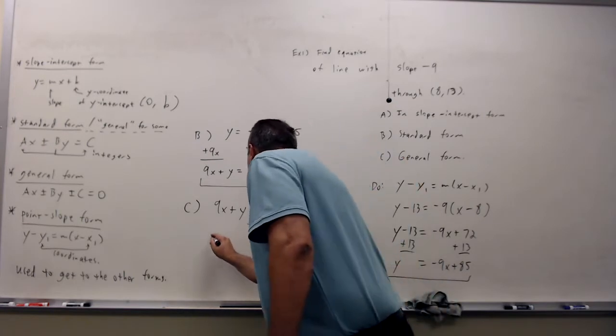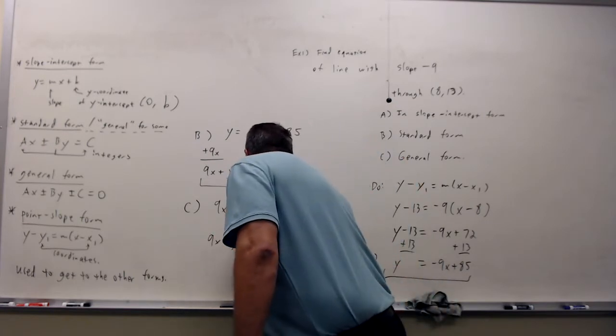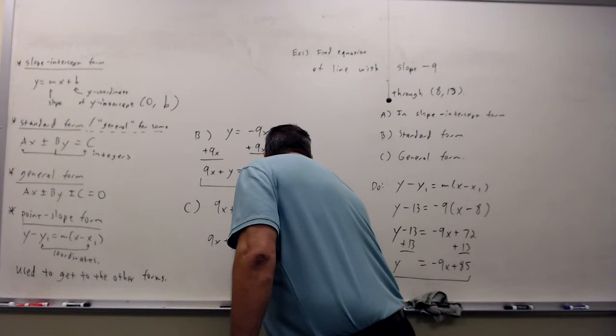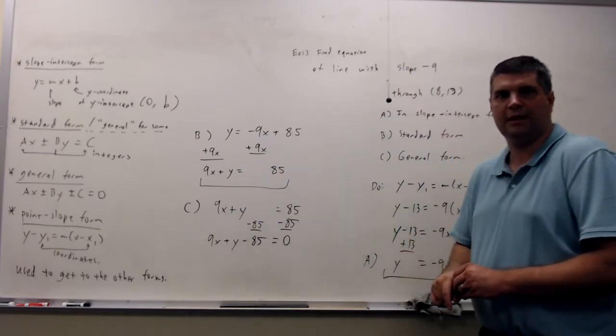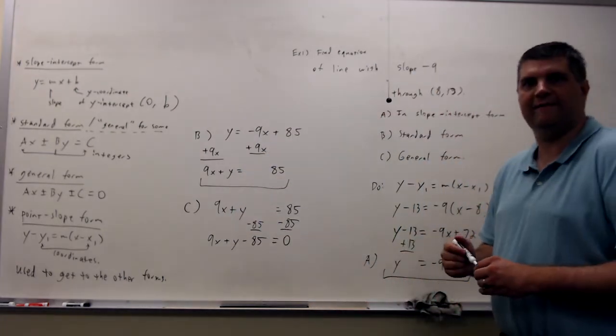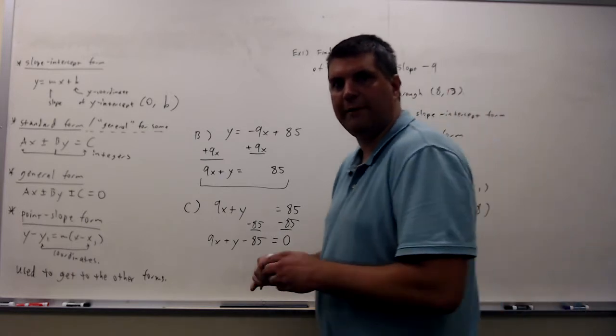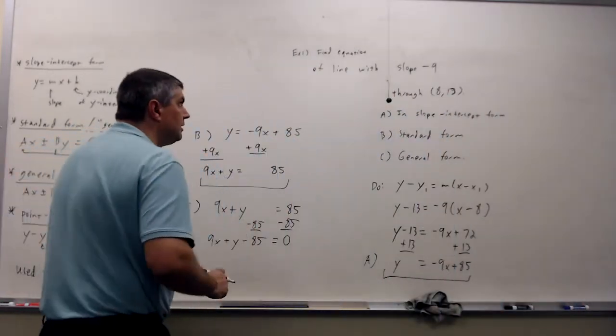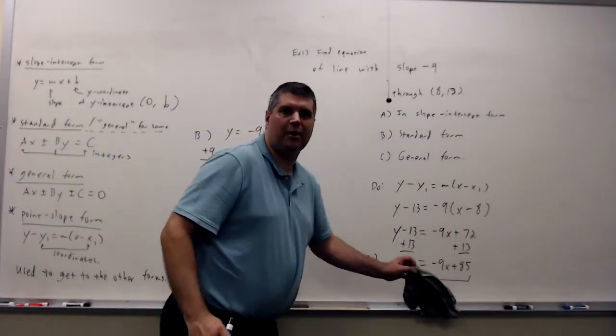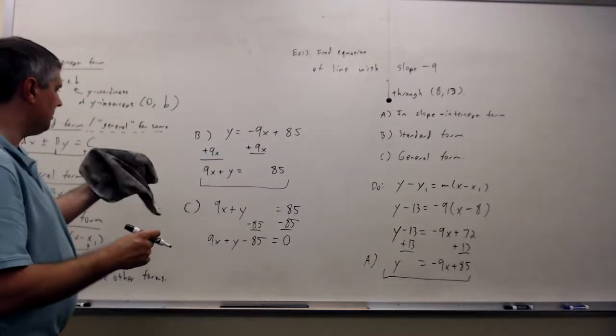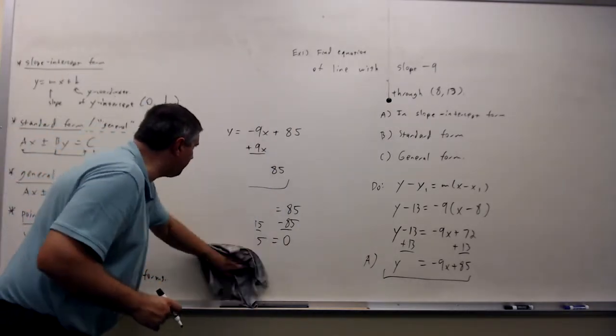So now I have 9x plus y minus 85 equals 0. And that's C, finished. And that's the premise of what you would be doing. So let me go ahead and erase the board and I'll put up a second example.